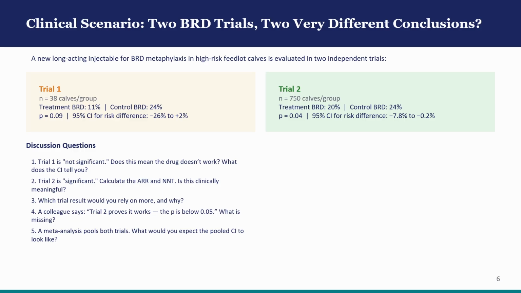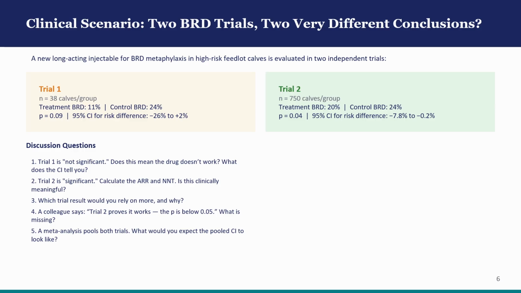If metaphylaxis costs $12 per calf and each BRD case costs $200 in treatment and weight loss, you'd spend $300 to prevent one case worth $200. Economically negative. Statistical significance has confirmed the effect is real, economic analysis determines whether it's worth acting on.